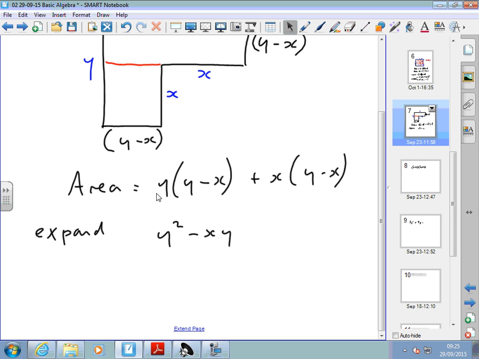Now I'm going to look at plus x times y, which is plus xy, and then plus x times minus x, which is minus x squared. So plus xy minus x squared. Could have written yx for xy because of convention.